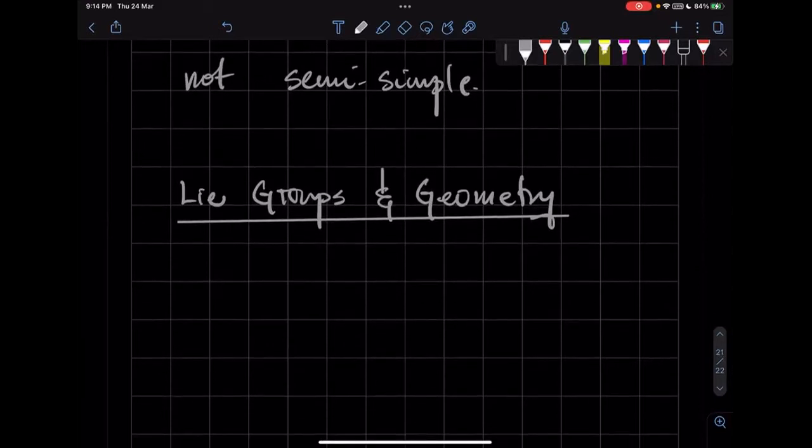Okay, so Lie groups have very important applications in differential geometry. I cannot emphasize how important they are.